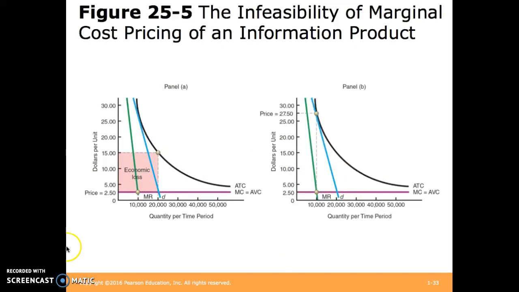Here we can see in panel A that if we produced at the price and quantity combination where price is equal to marginal cost or average variable cost, we would have a price significantly lower than our average total cost and we would experience an economic loss. However, if we produce at the point where marginal revenue intersects with marginal cost, we again minimize our losses or maximize our profits. And so we'll end up at the higher price. In this case, economic profit is zero.